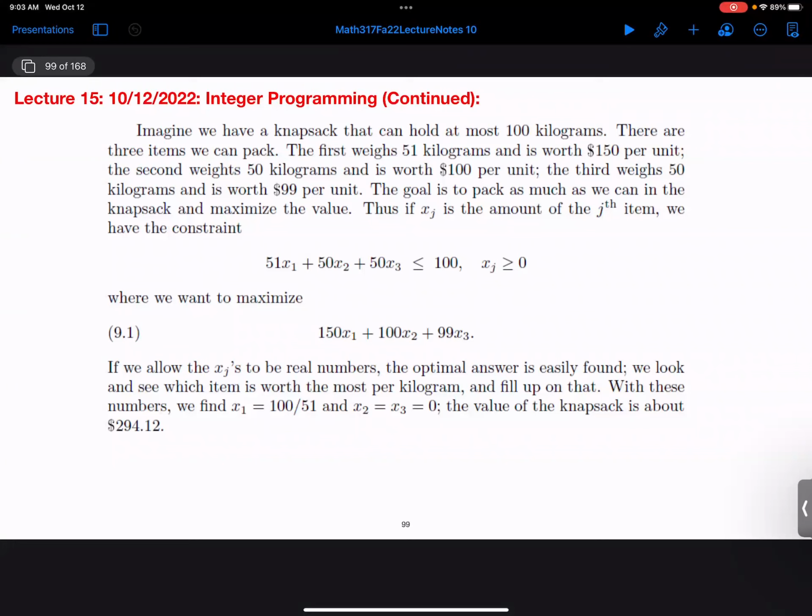If we're doing the real setting, I agree with you completely. Because in the real setting, we have the ability to take a small amount more. In the discrete setting, however, it does have to be less than or equal to 100. Now, for this particular problem, it will actually be equals 100.